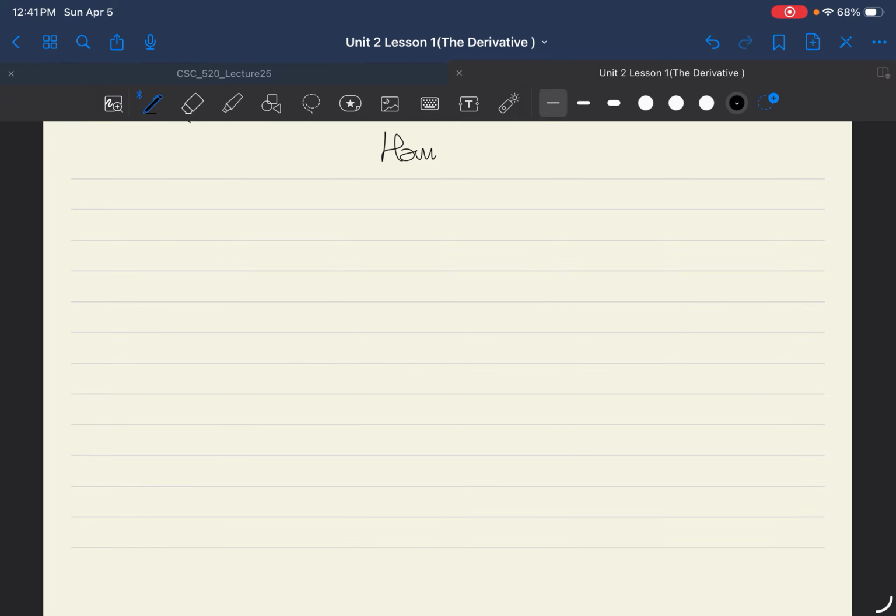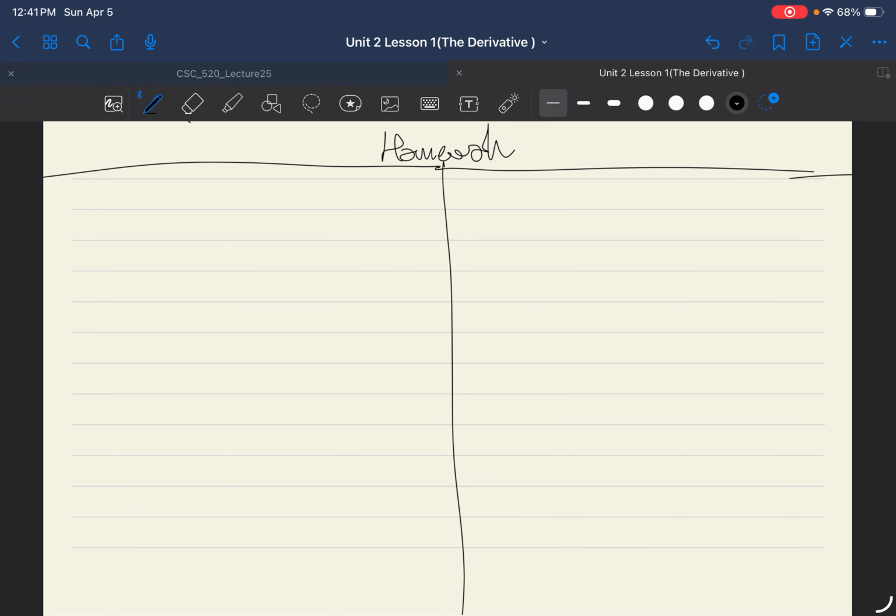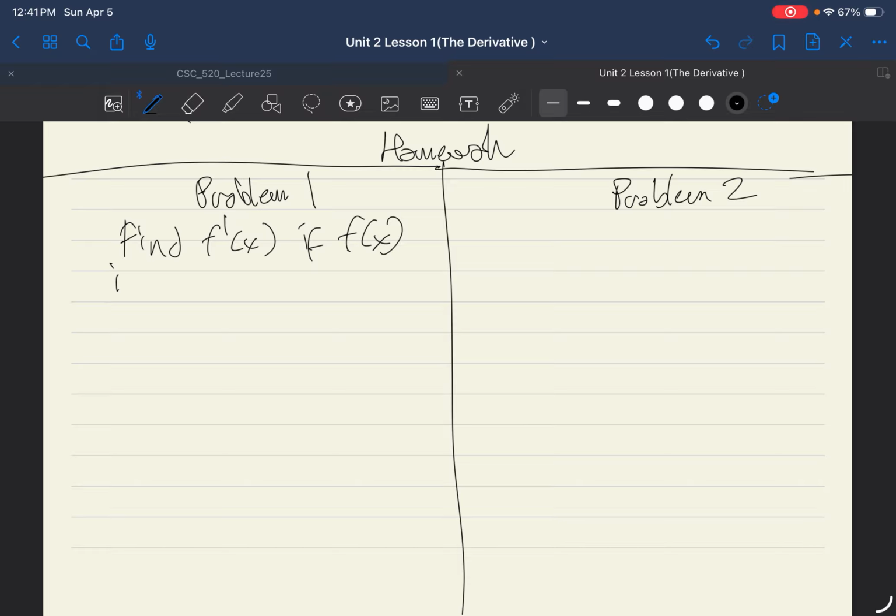So homework. These 2 problems. This is problem 1. It's problem 2. This is going to be find f prime of x if f of x is equal to 3x squared plus 3.